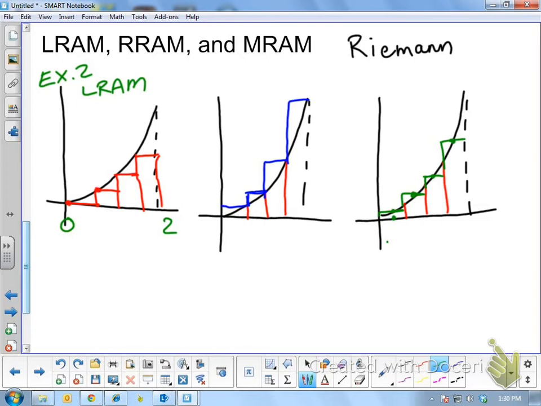The total distance is 2. We have 4 rectangles, so if we divide by how many rectangles, we split it into equal amounts. So this one would be 0.5 for the width times the height from the left side. So what's our first height? 0. What's our second height? I'm going to square it first and write it down. 0.5 squared is 0.25.